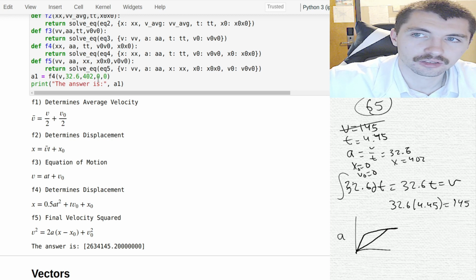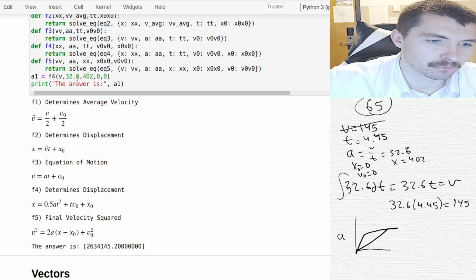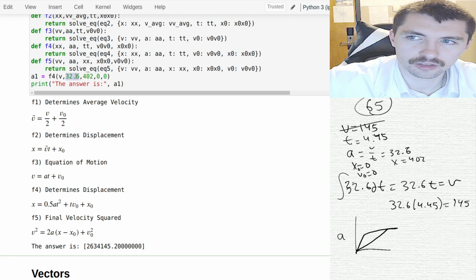X naught, V naught is 0. So it's gonna be 64 times 402 square root. So I'm thinking this 32.6 might be wrong.